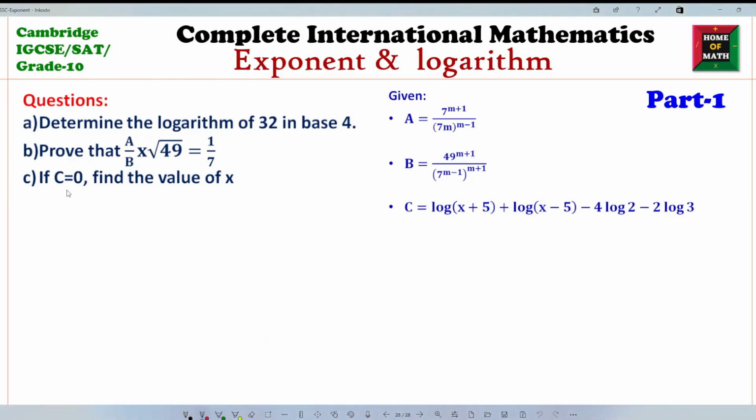Number C: if C equals 0, find the value of x.